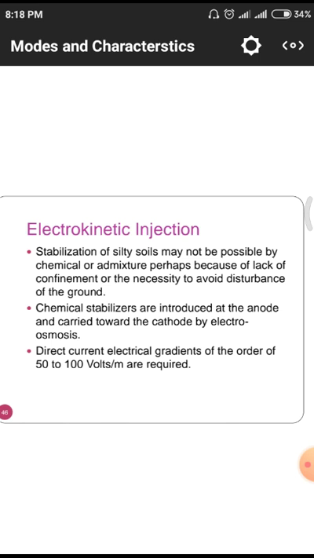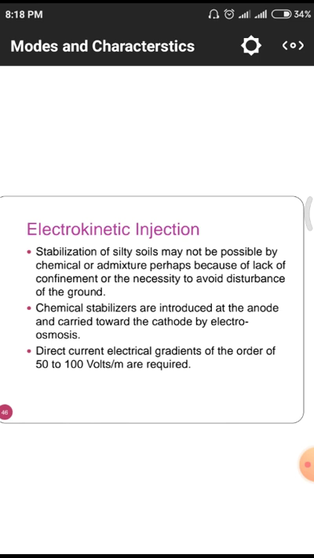Due to the particle sizes and less bonding between the particles, there may be a chance of skipping these layers, so especially for those kinds of lands we have to utilize this electrokinetic injection phenomenon.